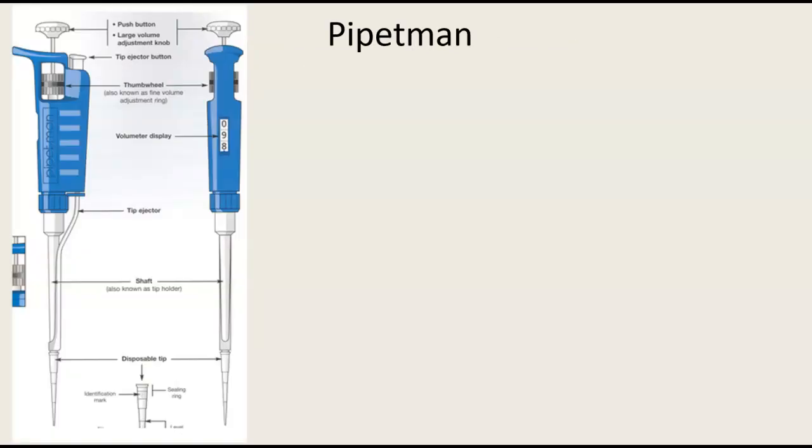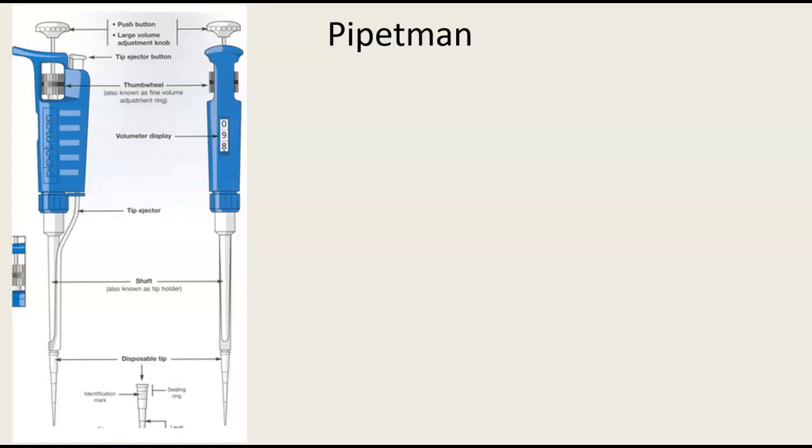We're going to be using a different type of pipette in this experiment. We're going to be using a pipette man. You need to watch the video that's associated with this experiment to better learn how to use the pipette man and some of the things you need to avoid when using it. There's a push button up at the top, and it has different stops on it that we'll see in just a moment.